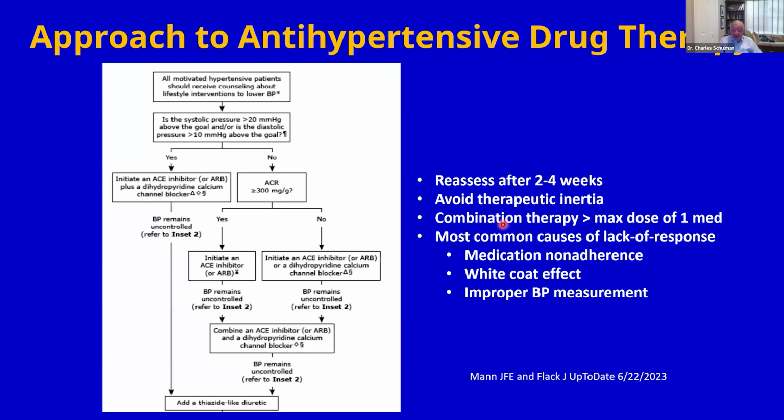The concept that combination therapy is better than the maximum dose of one medication is something also to consider. The most common causes of a lack of response are medication non-adherence, a white coat effect, and improper blood pressure measurement.